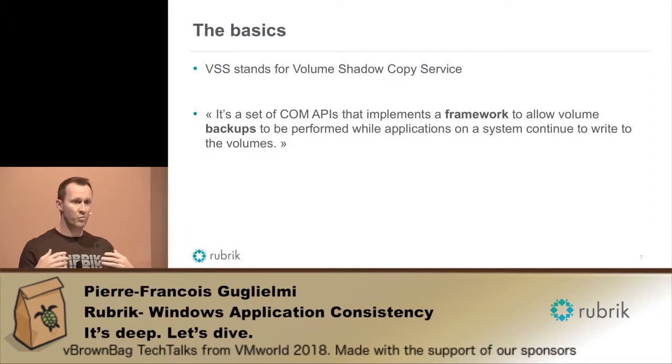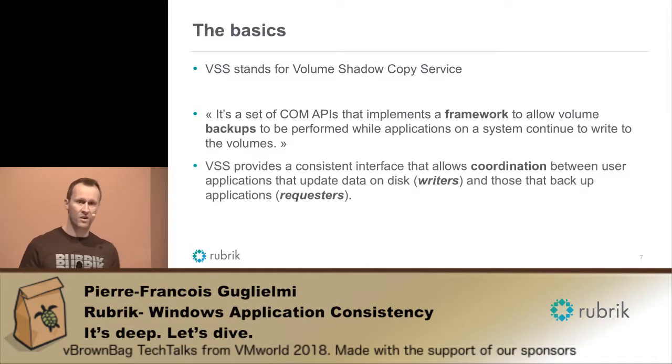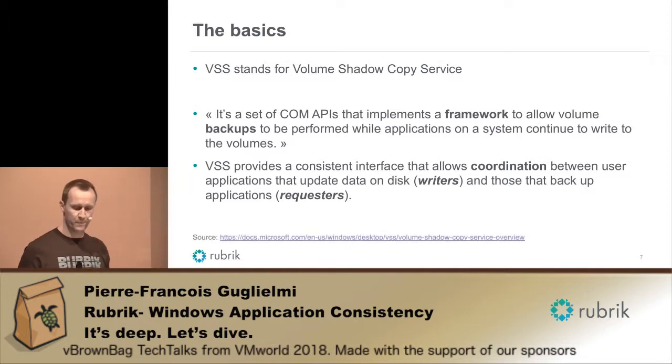That means that we're talking about online backup. We don't have to stop the service delivered by the applications in order to do a backup. And so it provides different components and interfaces, and there's this service that coordinates everything between the different components that we're going to talk about a little bit.